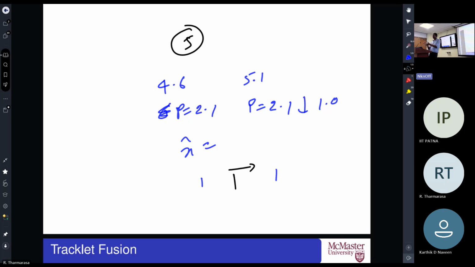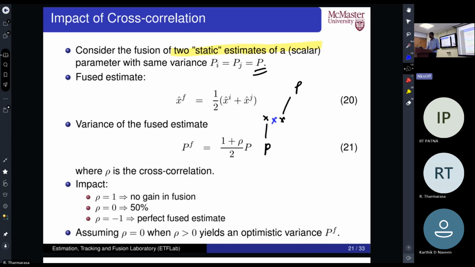You gave more weight to that, right? That's the idea. Now in this one, the fused estimate is going to be half because both of them are equal. So the variance of this is going to be this.